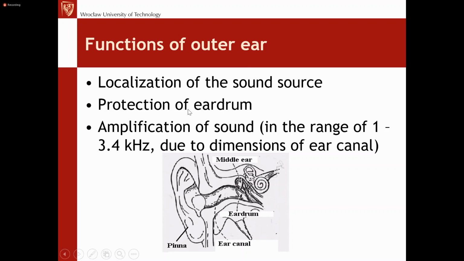Another function of the outer ear is protection of the eardrum, because the eardrum is at the end of the outer ear, and this eardrum is placed in the middle of the head, and it vibrates.